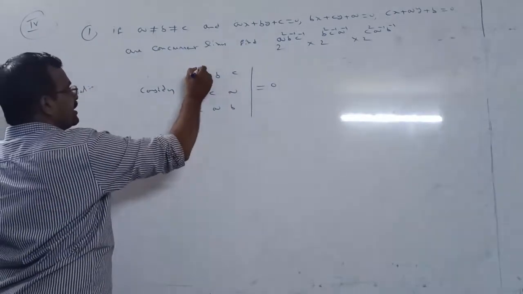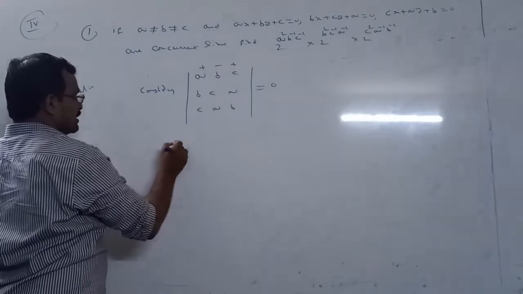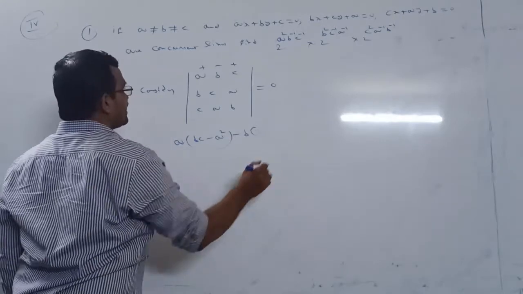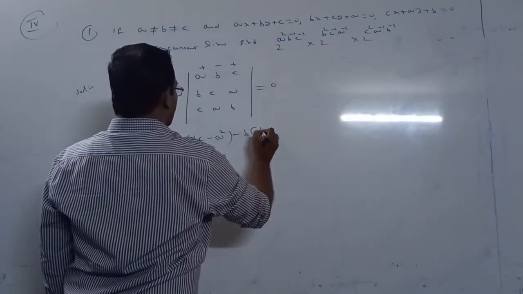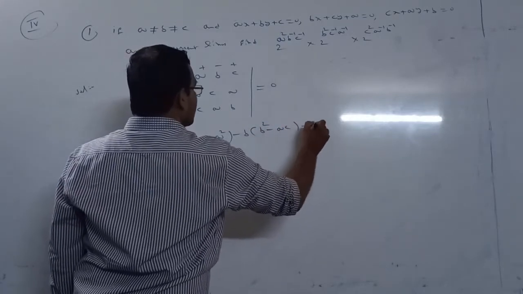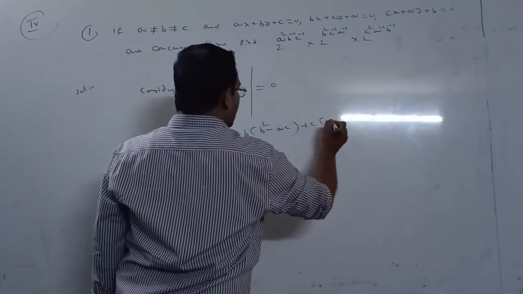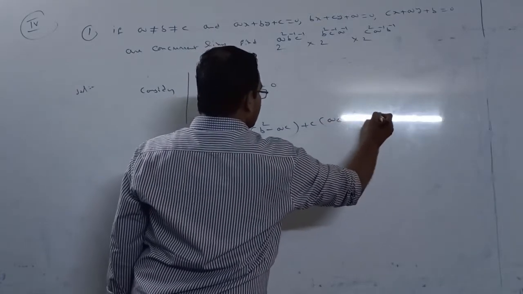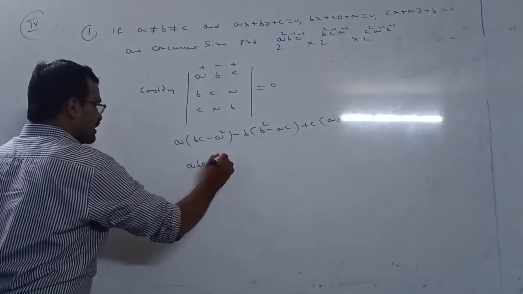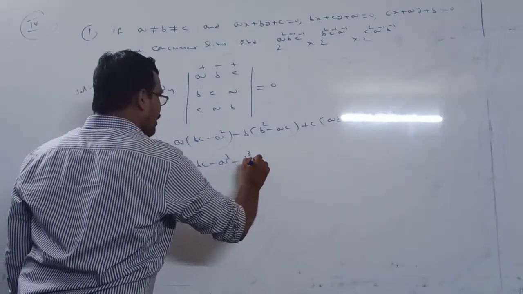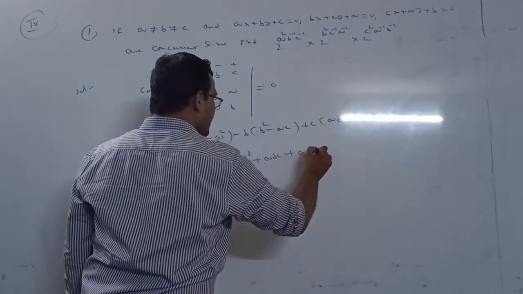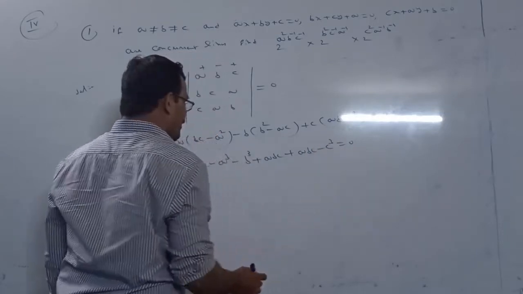You expand it, plus minus plus: a into bc minus a square, minus b into b square minus ac, plus c into ab minus c square, equal to 0. abc minus a cube minus b cube plus abc minus c cube equal to 0.